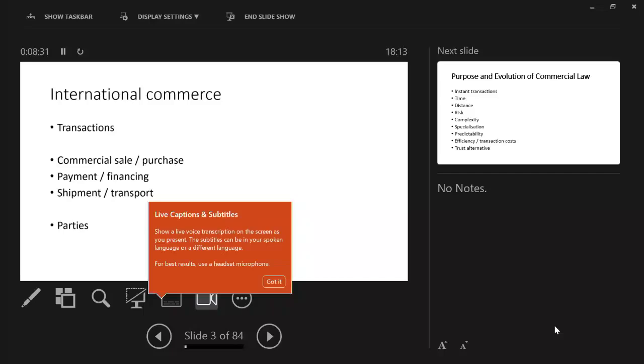Similarly, depending on how the financing is structured, we may add a variety of different parties which are involved on either or both sides of the transaction.